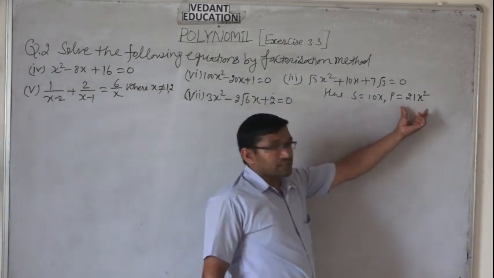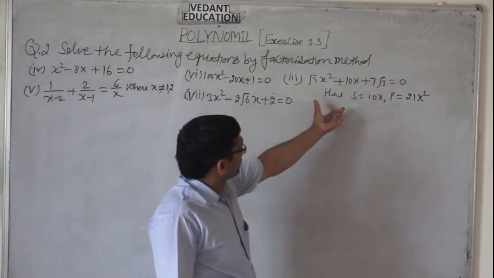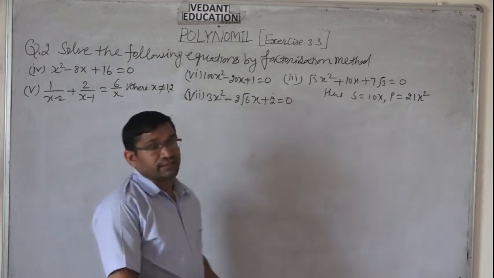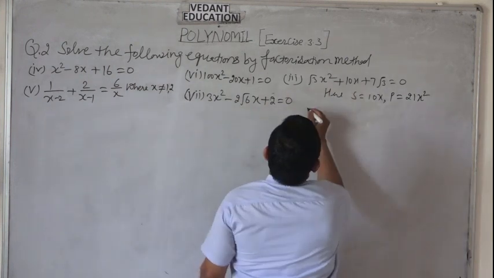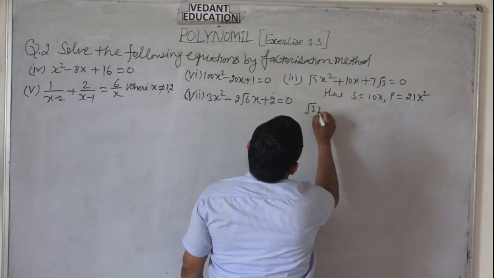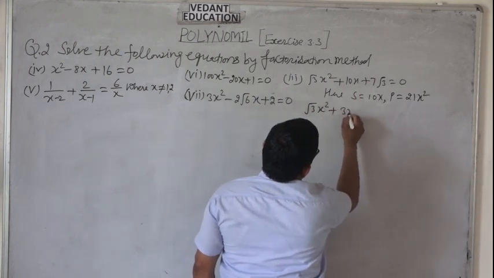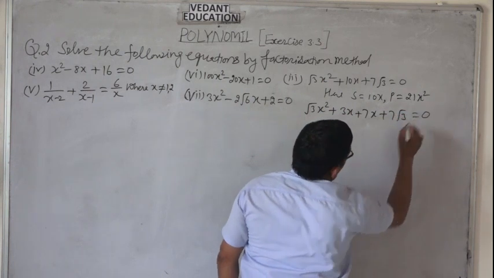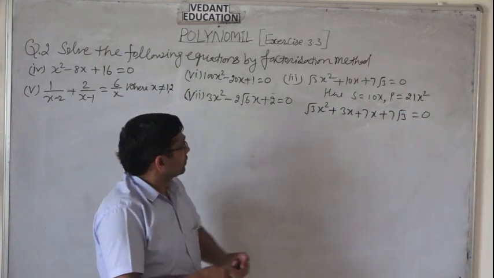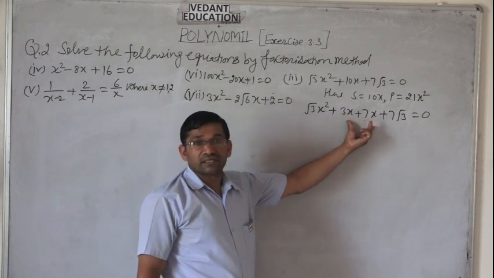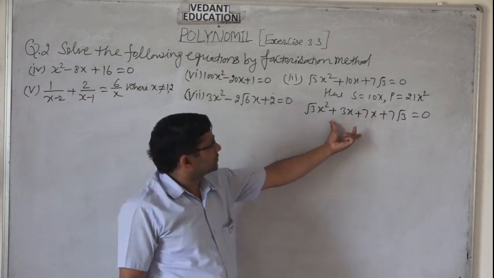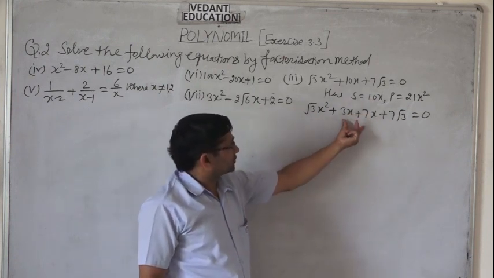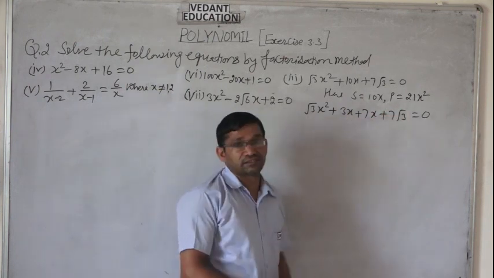Now product is 21x square and sum is 10x. So we write root 3x square plus 3x plus 7x plus 7 root 3 is equal to 0. 3x plus 7x is 10x. Sum is 10x and product is 21x square.